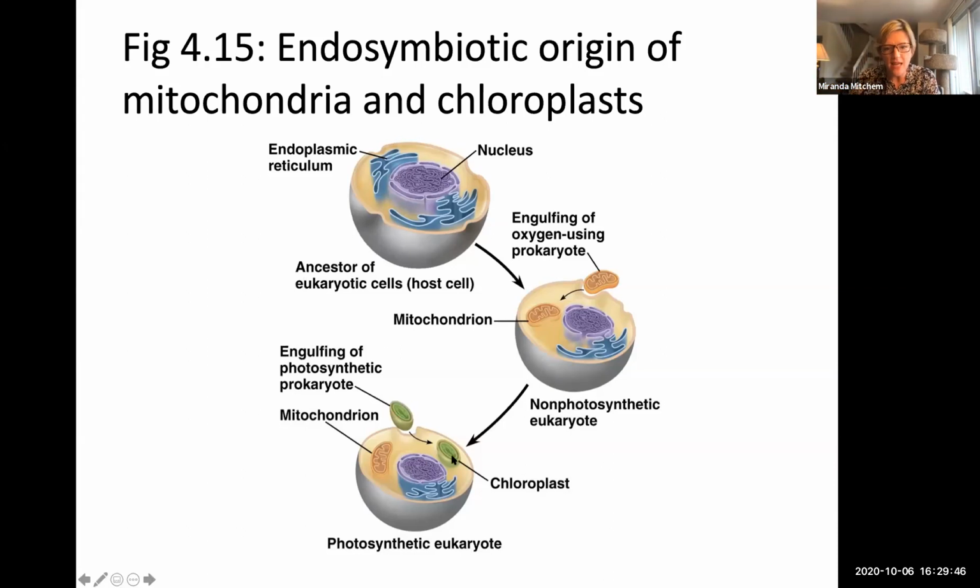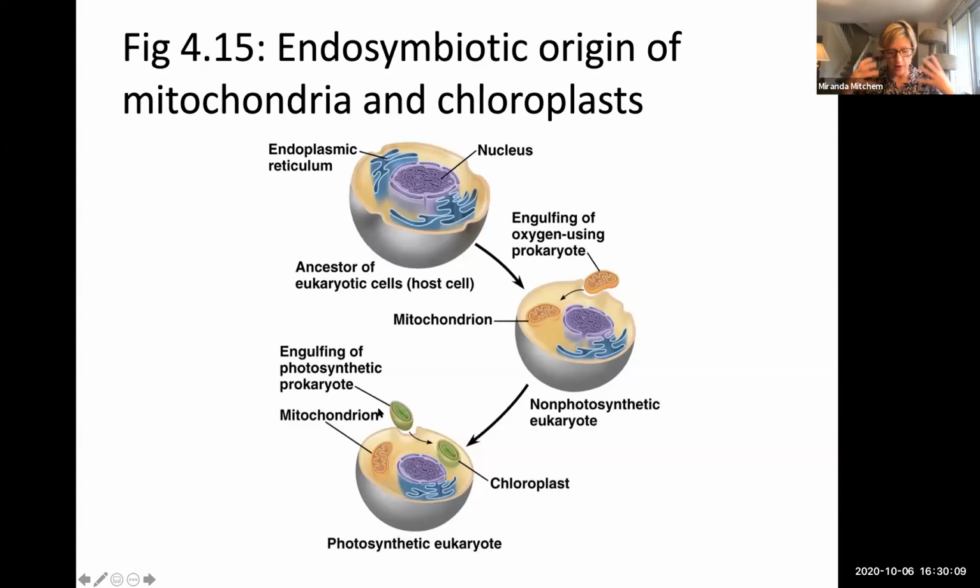And then we had a second event where another prokaryotic organism was engulfed. But this time it is one that was doing photosynthesis. And this is the theory of where the chloroplast came from, engulfing a photosynthetic prokaryotic organism.